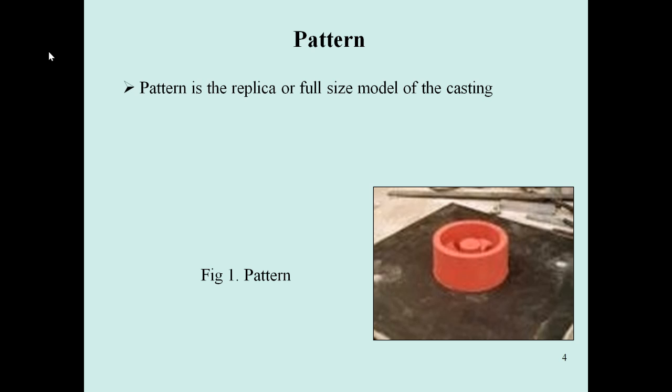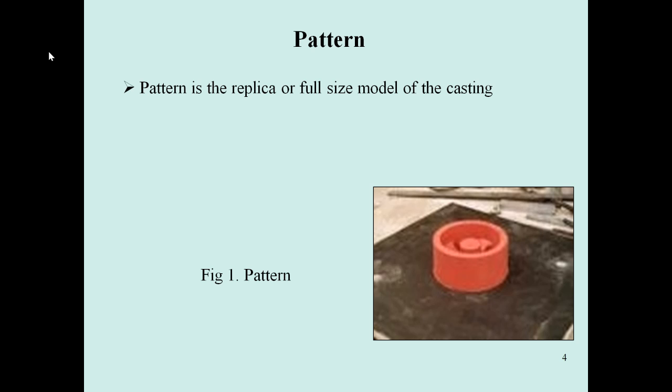So what is a pattern? A pattern is a replica or a full size model of the casting. What is a casting? The products which are developed in the foundry.